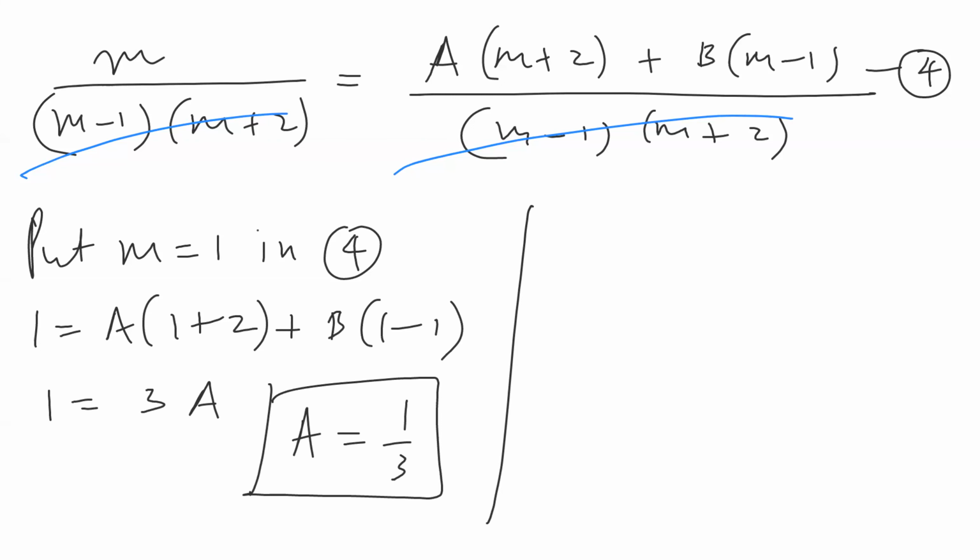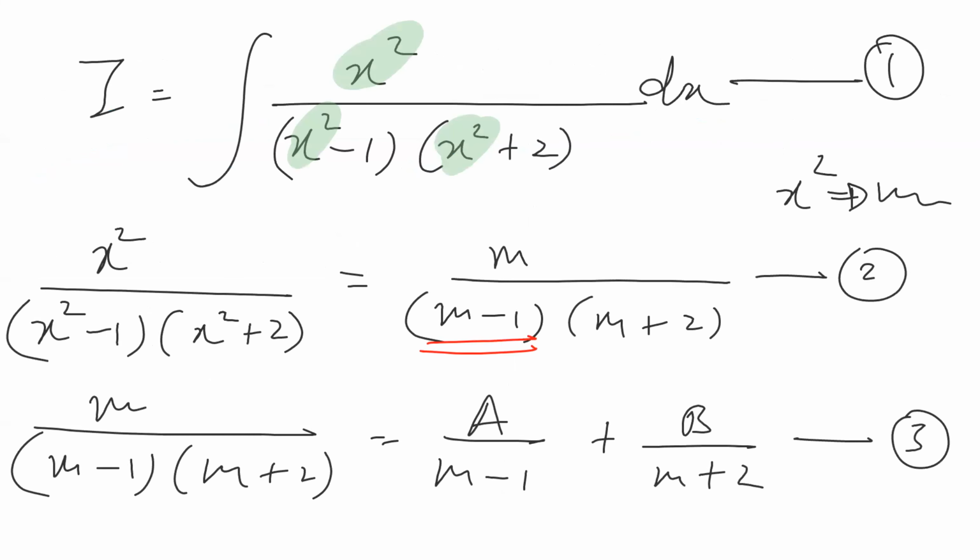Okay. Now look at the other factor, m plus 2. If we equate m plus 2 to 0, what is the value of m that you will get? You can put it over the chat box. The value of m is minus 2.